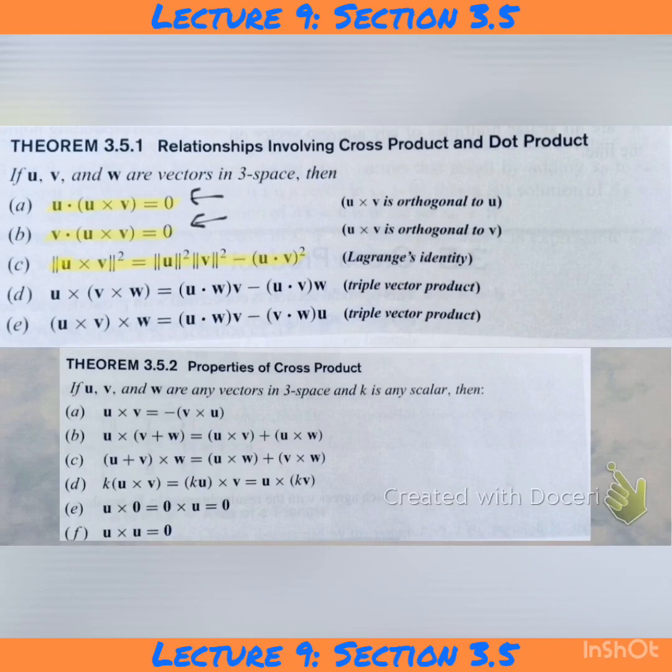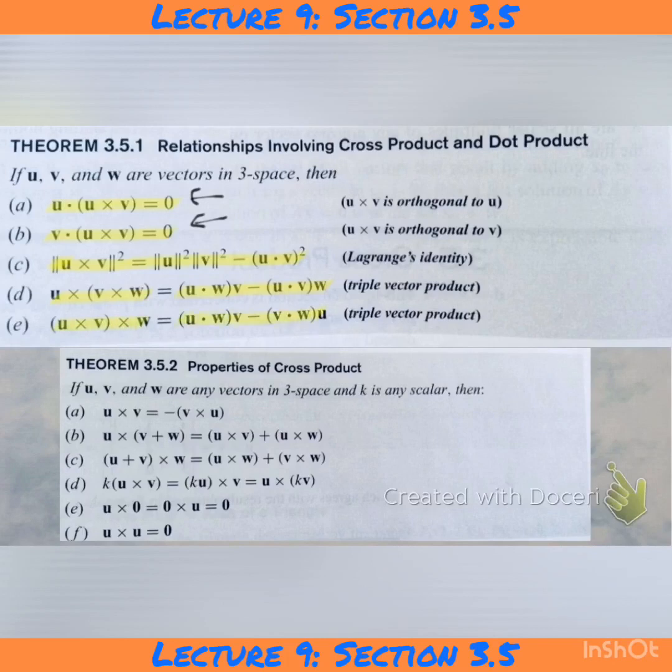This is known as the triple vector product, and it's the same as what you have there on the right-hand side. And then also we've got another version of the triple vector product, and that is going to be equal to that.